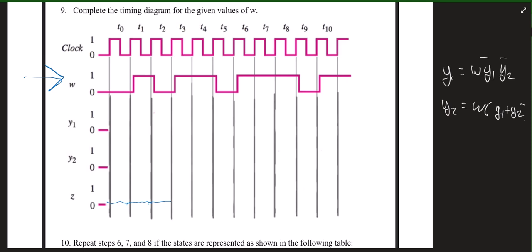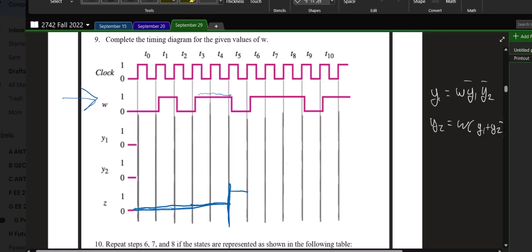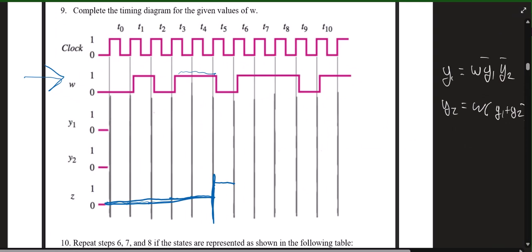So when I get to, let's see, T1 to T3, I still don't have my previous 2 clock cycles at 1. And not until I get to T5 are my previous 2 clock cycles 1. So at T5, I look back and I see that the previous 2 were 1.